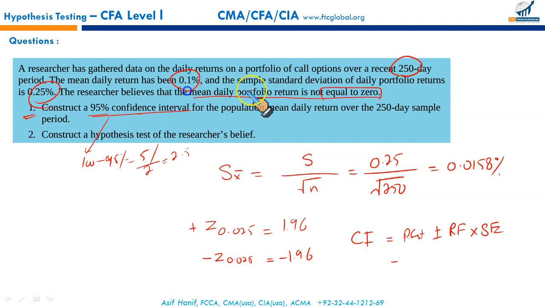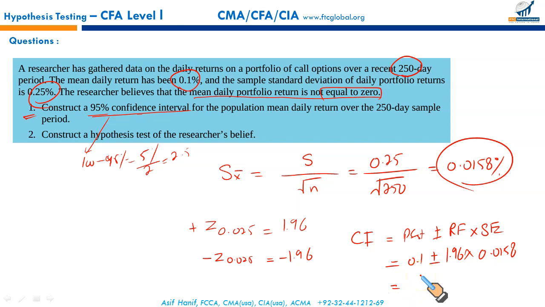This is the point estimate, 0.1, plus minus the reliability factor, that is 1.96 standard deviations from the mean, and the standard error we calculated in the previous part, 0.0158. So its simplification would give you this confidence interval.